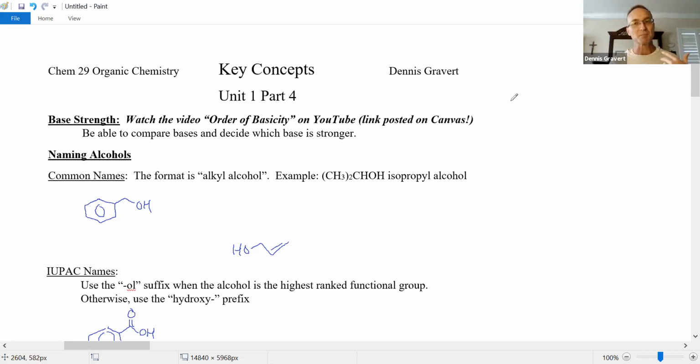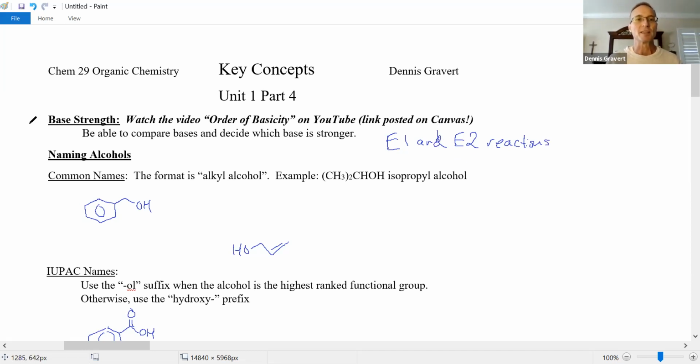Water can accept an H+ and be a base, and alcohols can also accept H+ and act as a weak base. That actually is a little bit of review from last semester when we were talking about E1 and E2 reactions. So you might want to go back and review that. Or stick around because there's an opportunity to review E1 and E2 reactions in this video too.